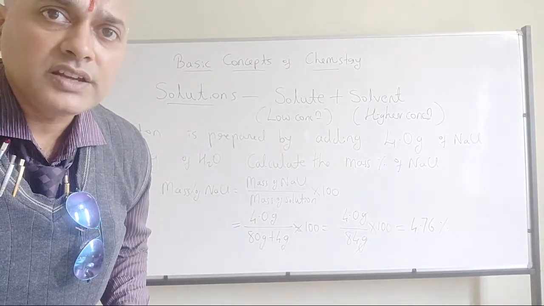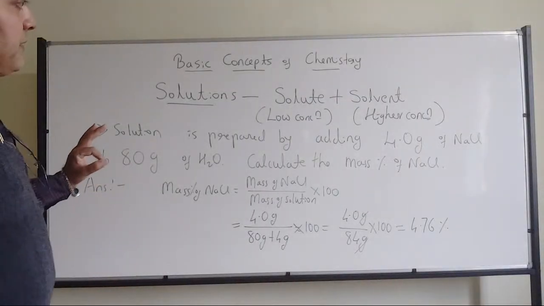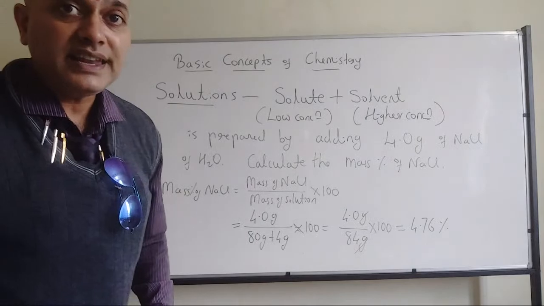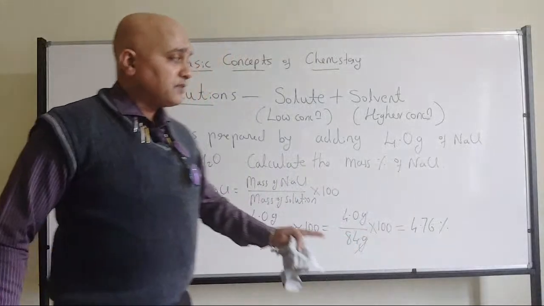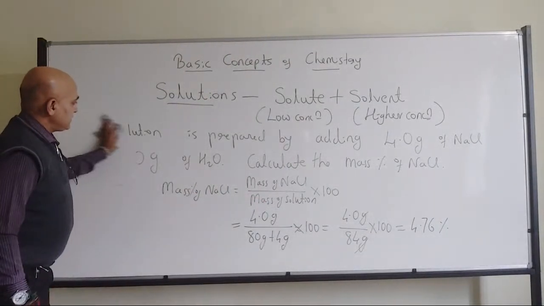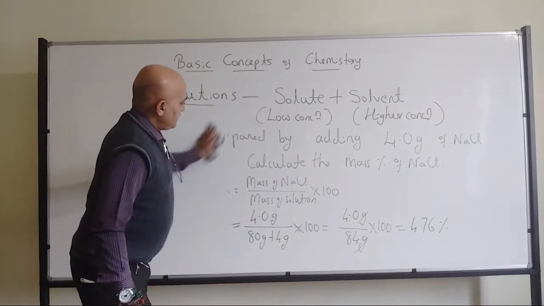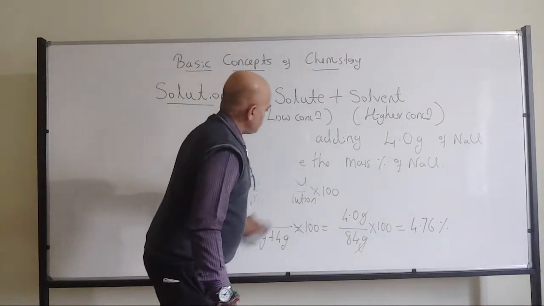Okay, Yagnesh, another question, we will solve it. So that's where we have the mass percentage of NaCl in water. What is that? 4.76 percentage. All of you have understood? We will move to the next one.